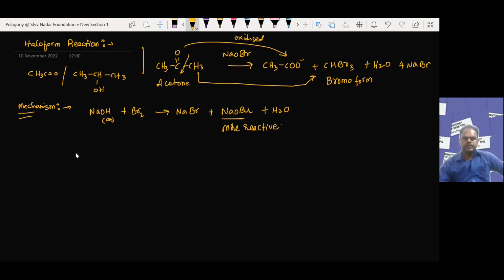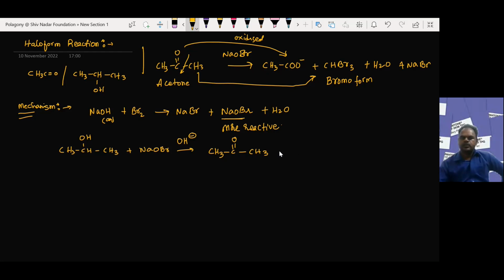Let us see a secondary alcohol like CH3, C secondary alcohol, propanol. When propanol is treated with NaOBr, sodium hypobromite in the presence of base, then the secondary alcohol can change into a ketone.